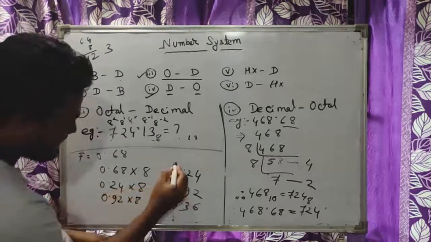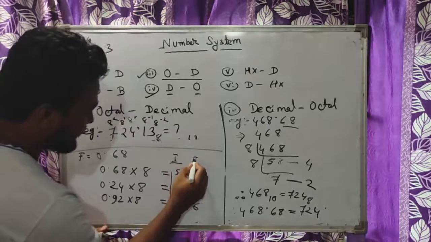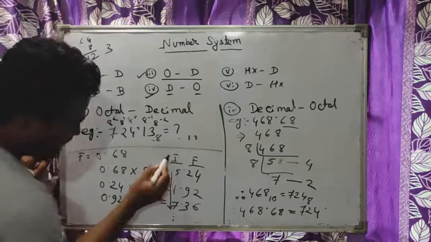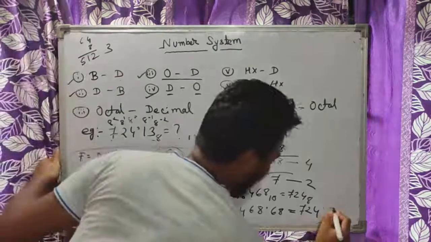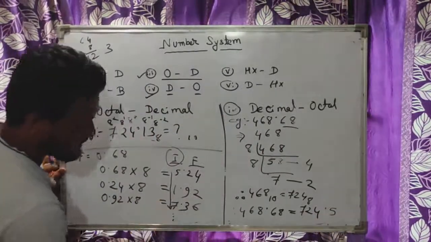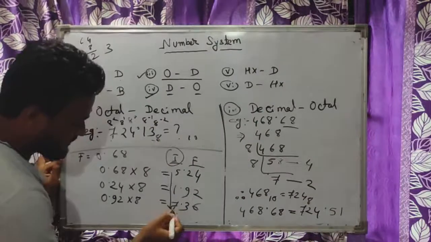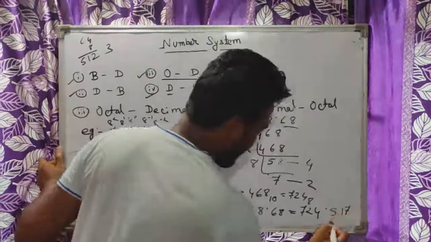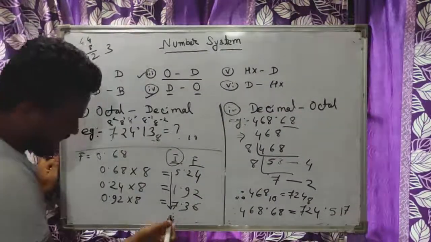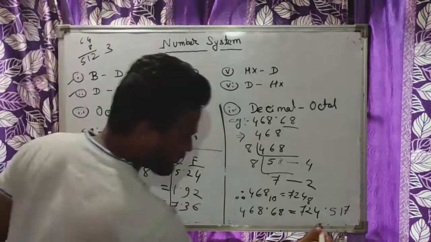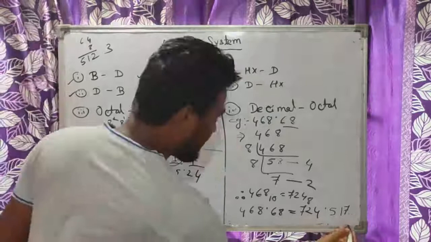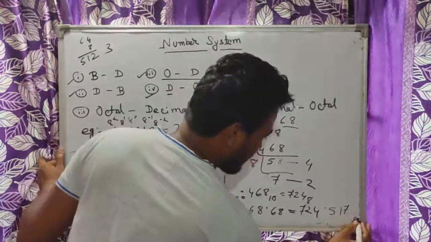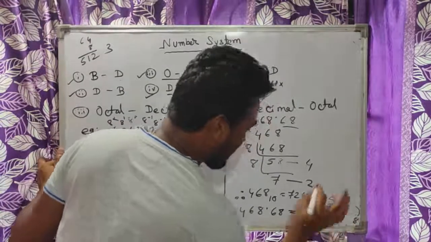We take the integer portion only, and this is the fraction part. For this number we are getting 5, so 0.5. For this number we are getting 1, so 1 here. For this number we are getting 7, so 7 here. Still we are not getting it exactly, that is why we are giving here dot dot dot. Here also you give dot dot dot. And this number is an octal number, so within brackets you can write it like this.